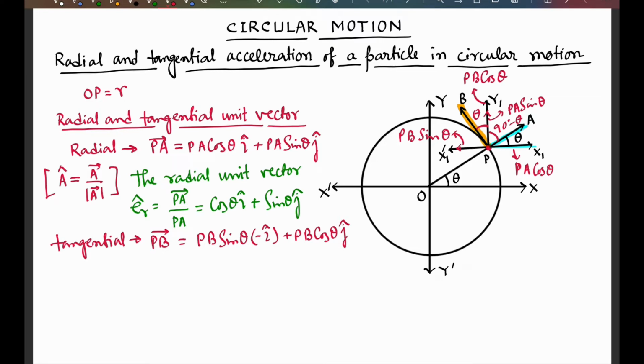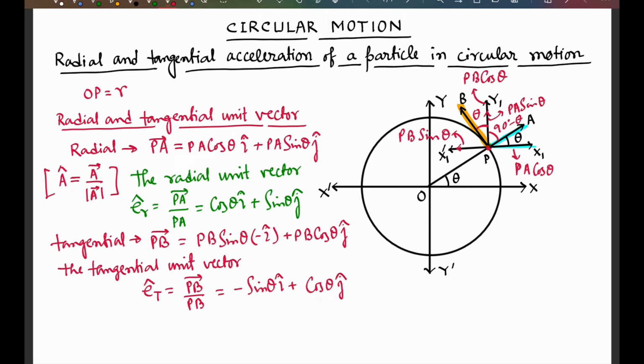The unit vector along tangent, that means the tangential unit vector, e_t cap, is PB vector by mod of PB, this is minus sin theta i cap plus cos theta j cap.